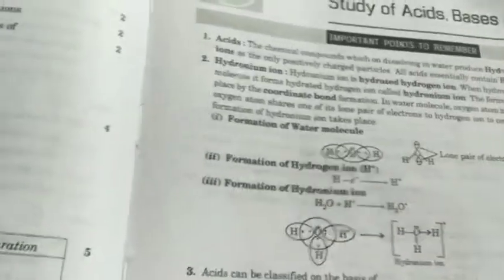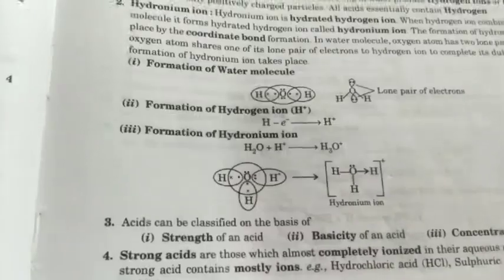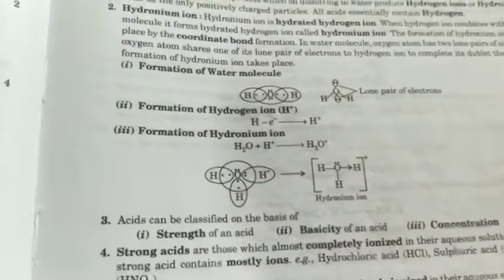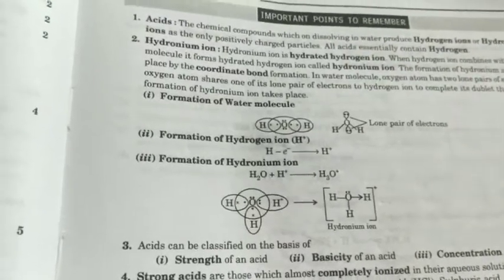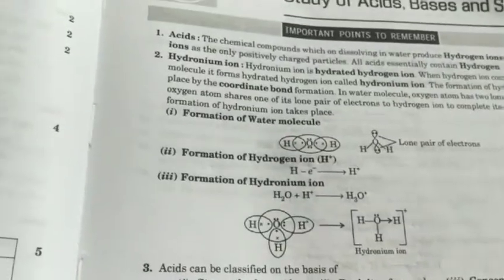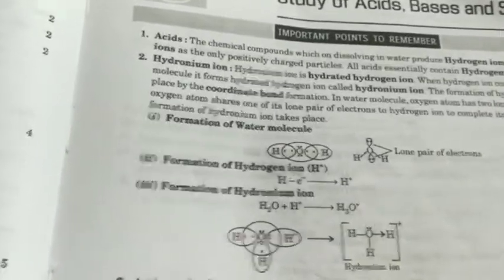The solution of a strong acid contains mostly ions. This question may be asked in your exam: a strong acid contains molecules, ions, or both molecules and ions? Your answer must be only ions. A strong acid contains only ions. This question is asked by the ICSE board also.